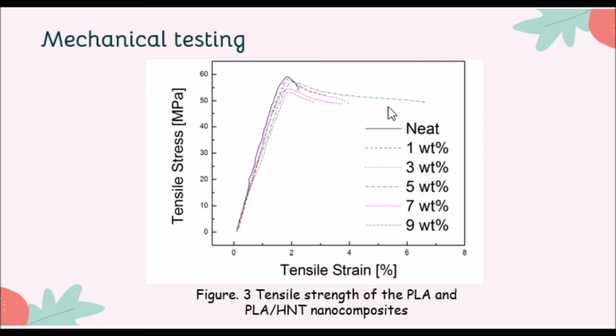Next, the elongation at break of the PLA/HNT nanocomposite increased up to 5 weight percentage of the HNT content, which can be seen in the blue line here. Then it decreased with the further increase of the HNT. This result may be caused by restriction of the movement of the polymer chain, which comes from the large aspect ratio of the rigid HNT and the interaction between the HNT and the matrix.